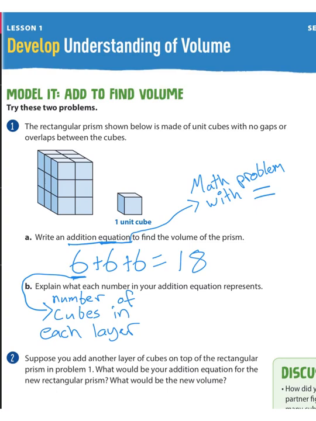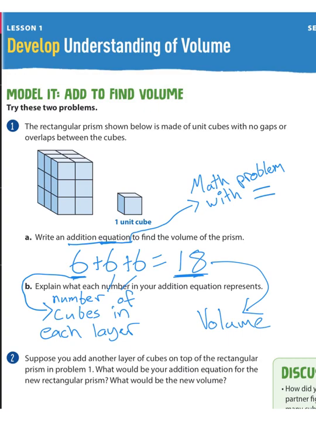Then the only other number here is 18, because 6 and 6 and 6 equal that. This 18 is the total number of unit cubes, so that means it's the volume. So that's how you would use repeated addition to find the answer.